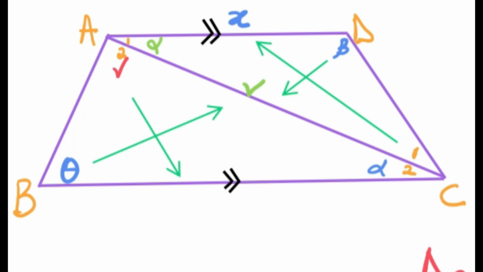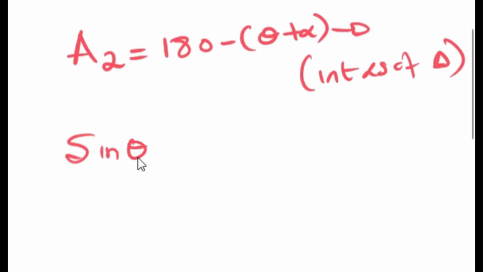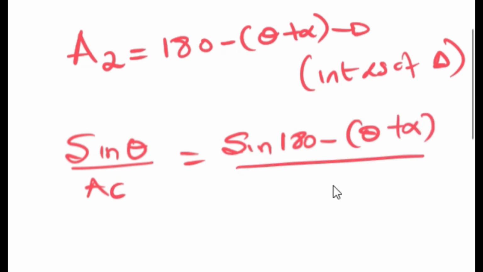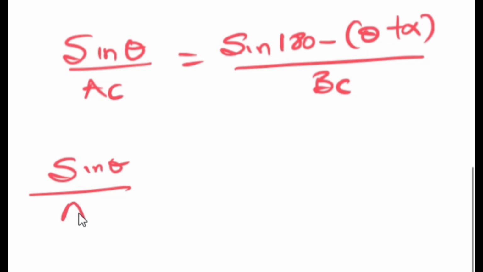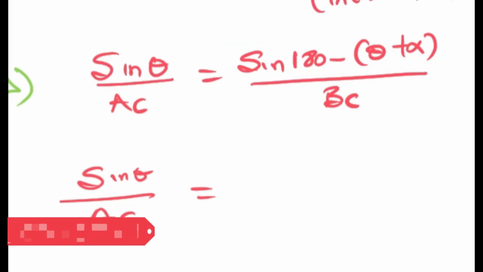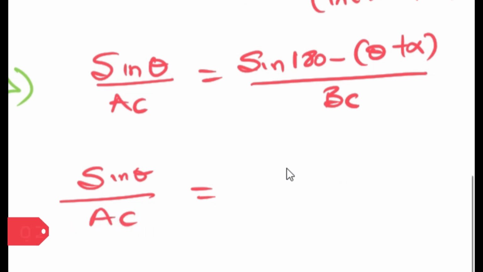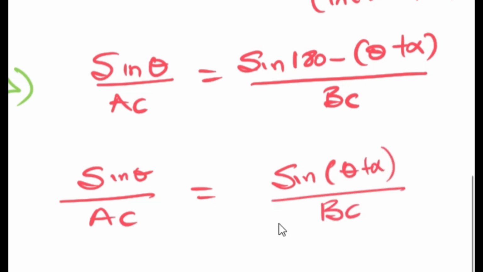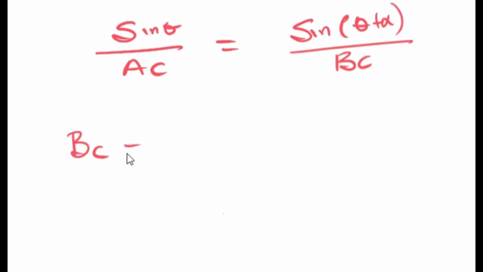This will be written as, so then we'll reduce sine of 180 minus theta plus alpha. Since it's in the second quadrant, we bring it back to the first. So you're going to have, then we'll cross multiply.